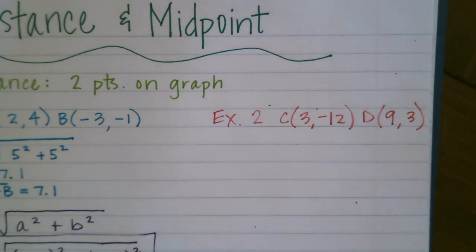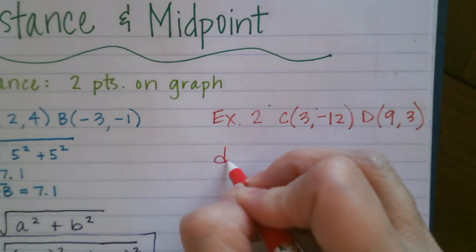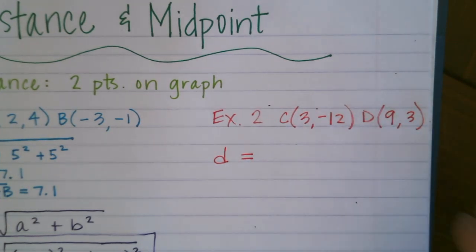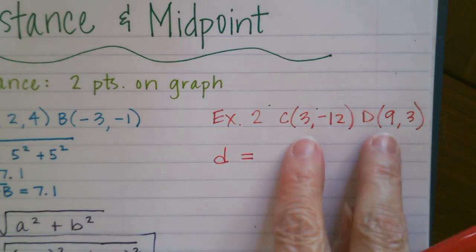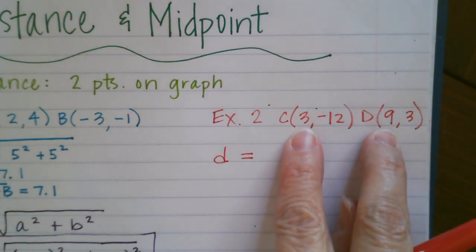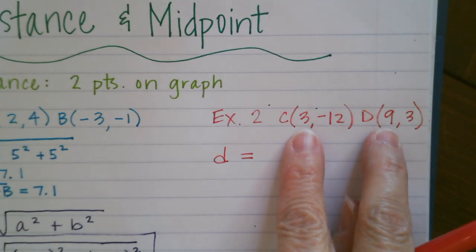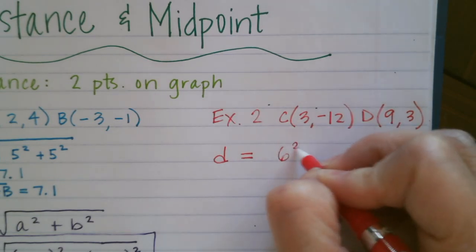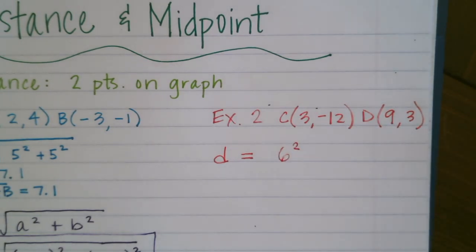Why not? If I want to figure out the distance between C and D, I'm basically going to do a squared plus b squared equals c squared. So first off, how far are the x's apart? Well, the x's are 6 spaces apart. So I know side A is 6.